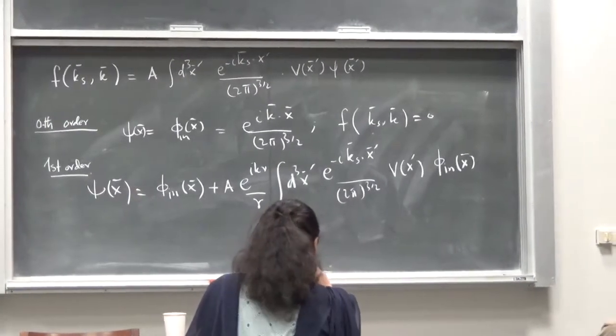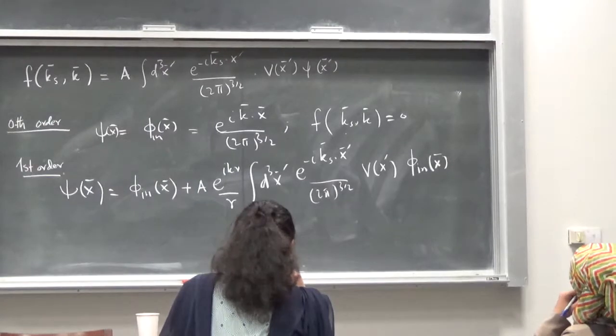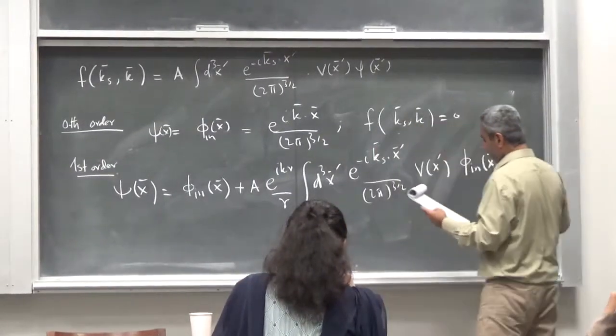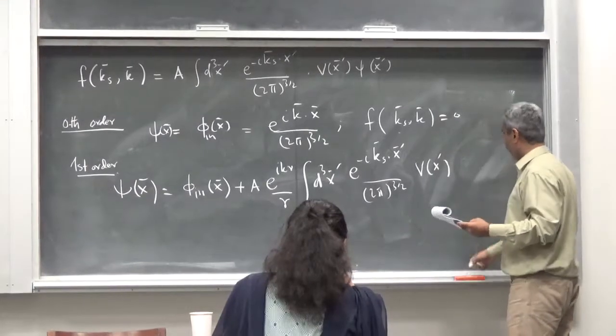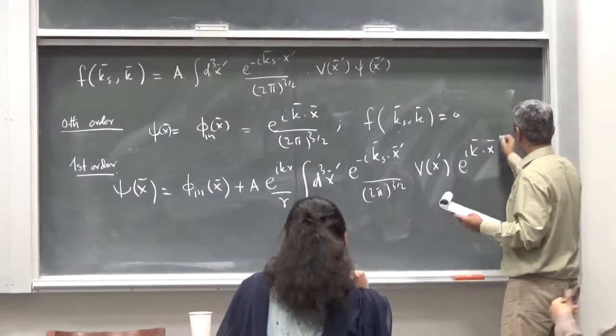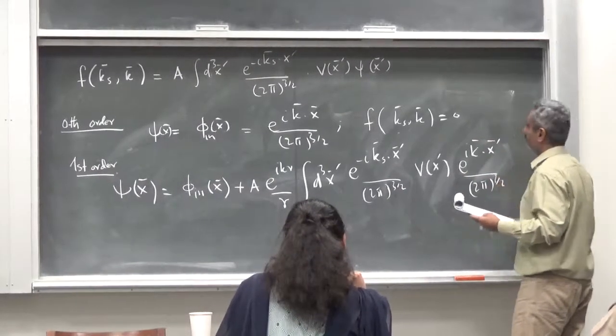Now this can be solved because you know what phi incident of x is, right? So what I'll do is erase this and instead put e to the I k dot x prime over 2 pi q.